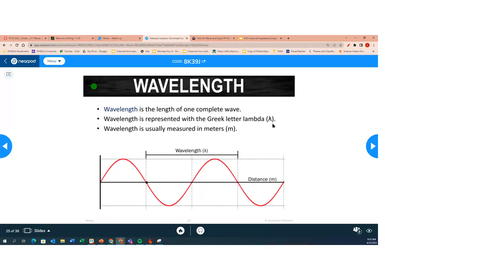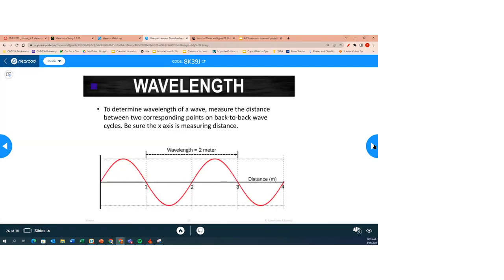It's like an upside down Y. Wavelength is measured in meters. To determine the wavelength, measure the distance between corresponding points back to back. So here, this one is 2 meters, starting here, 1 and 3. So that's 2 meters. Probably an easy way to do that.